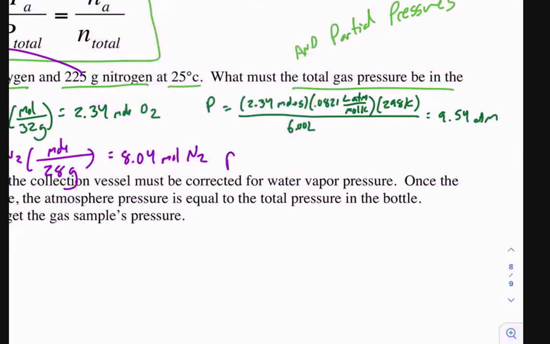Okay, so the pressure of nitrogen. And you know what? These values here are all the same because they're in the same container, they're at the same temperature. And R is the same, so I'm just going to take my 8.04 moles and multiply it by R, multiply it by 298, divided by 6.